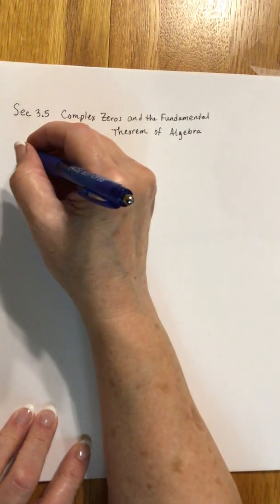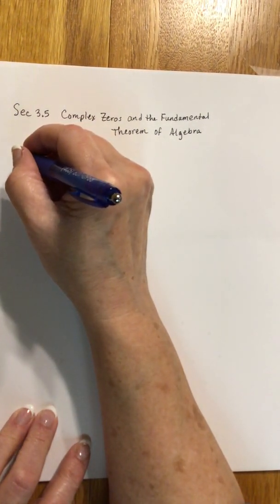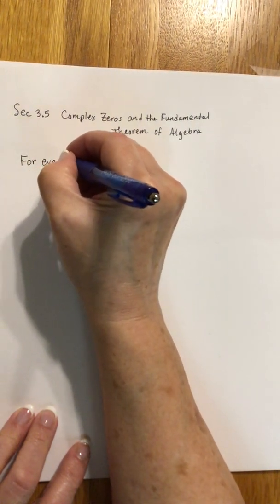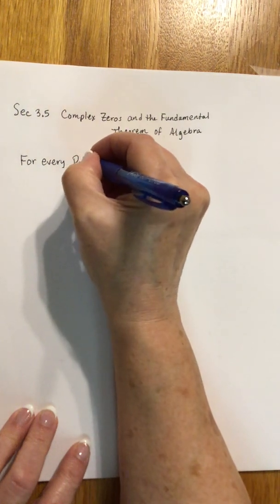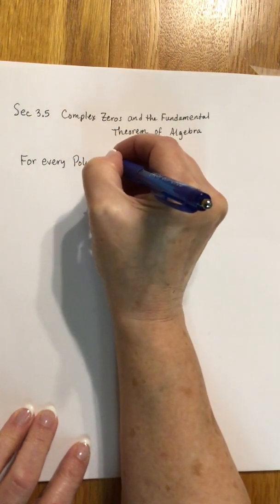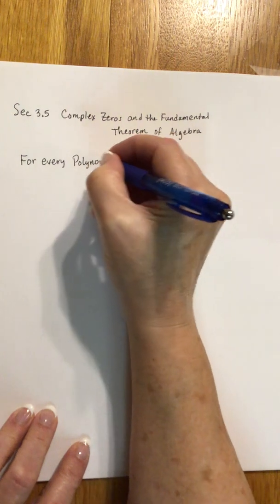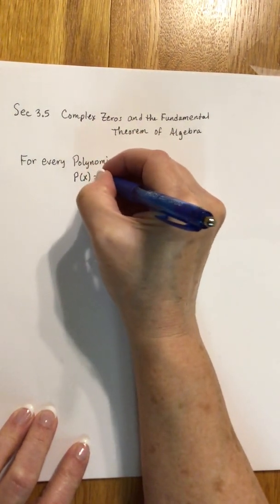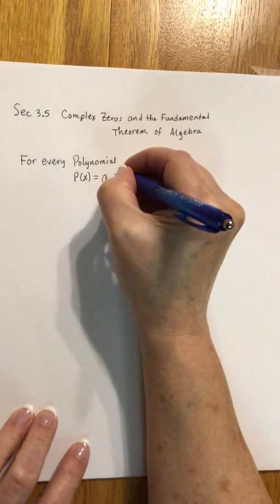Okay, first thing we're going to start out with is writing down what we have been using as a polynomial. So for every polynomial, a many-termed expression, p of x equals a sub n x to the n.